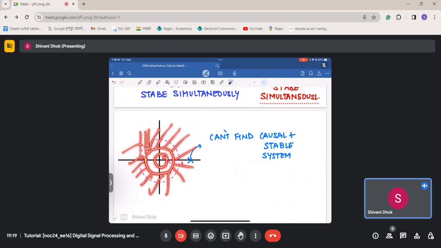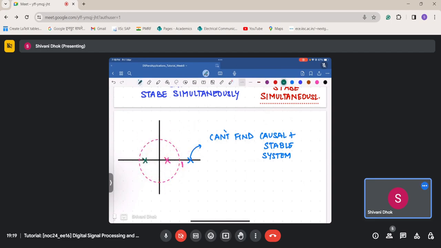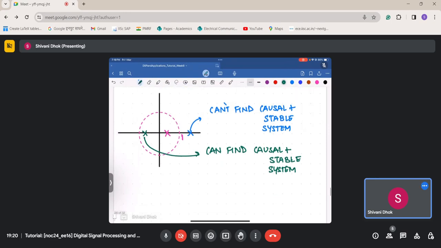Also, z tending to infinity is included in my region of convergence, and therefore in this particular situation, when I'm having poles inside my unit circle, I can find a system that is causal and stable simultaneously.